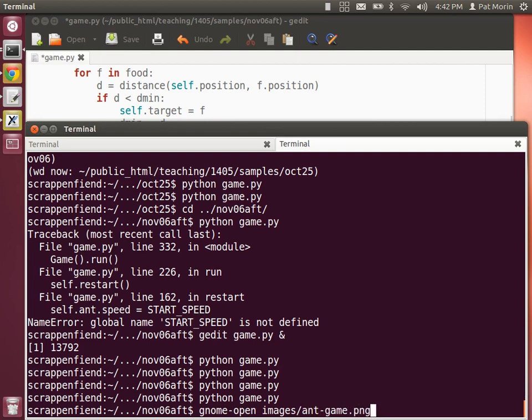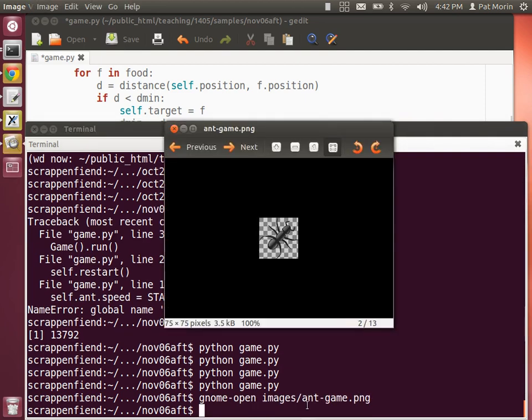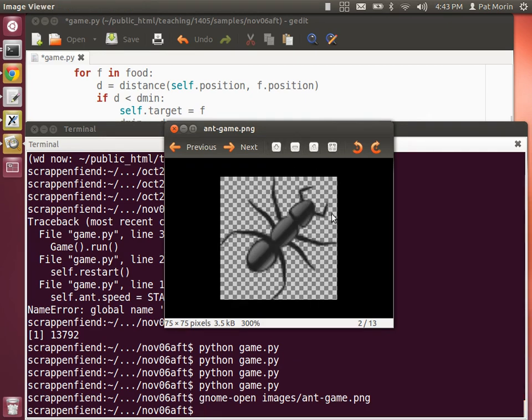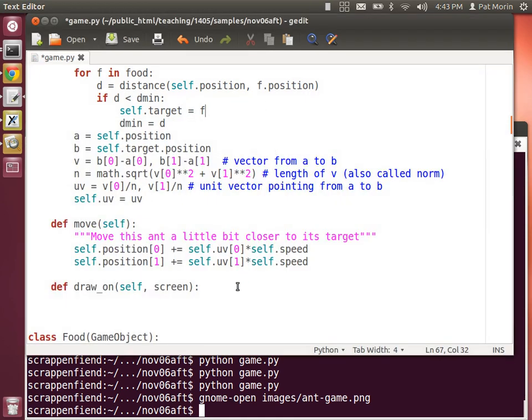So we have this image of an ant. We can take a quick look at it. That's what our ant image looks like. It's pointing up there. That's the one we've seen every time. So how do we draw it the right way?